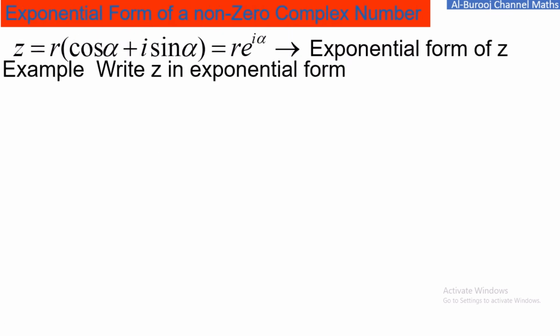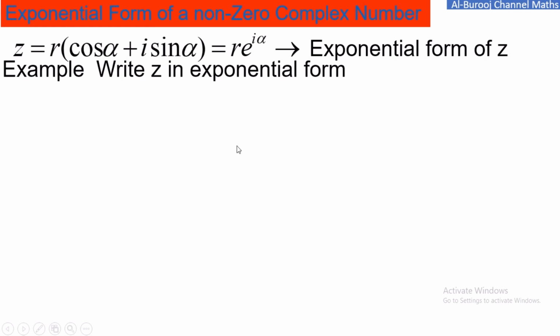So we have three forms of a complex number: algebraic, trigonometric, and exponential. The simplest form is the exponential form, R e^(i alpha). Only one term.